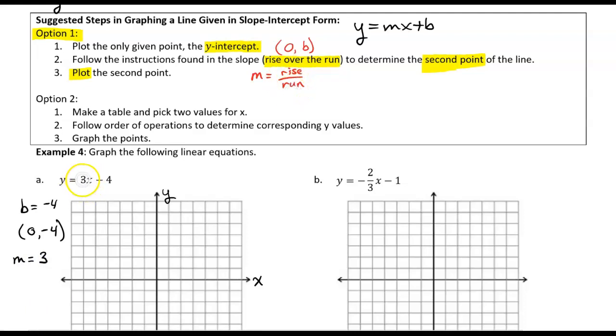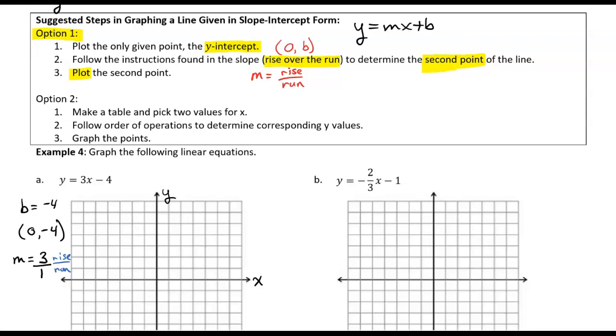In front of the x is just the 3. That's the m spot. It's only a 3. Where's the fraction in that? It's a whole number. I can make any whole number into a fraction by putting it over 1. And then we can see our rise over run.